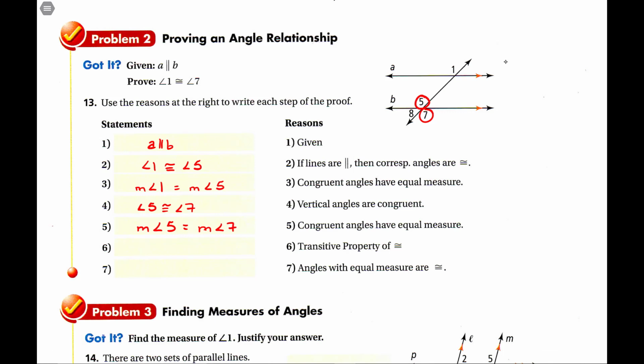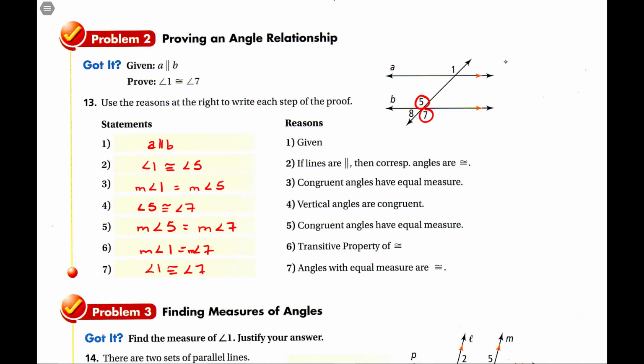And then for number 6, it's the transitive property of congruency. We've proven that angle 1 is equal to angle 5. We've also shown that angle 5 is equal to angle 7. So therefore, angle 1 must also be equal to the measure of angle 7. And therefore, we can say that angle 1 is congruent to angle 7.